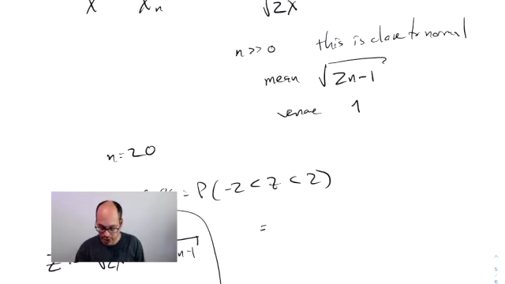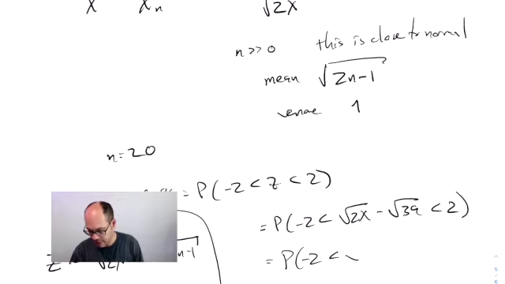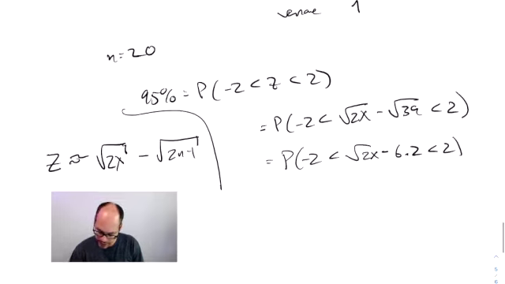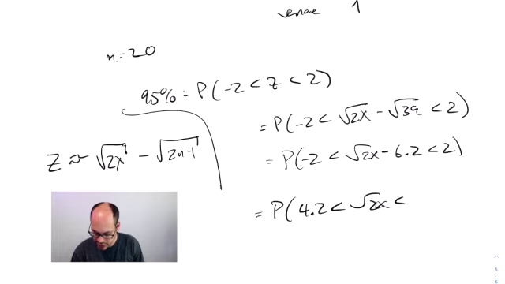And so this is the probability that -2 is less than root 2x minus the square root of 39 is less than 2. So this is the probability that 4.2 is less than root 2x is less than 8.2.